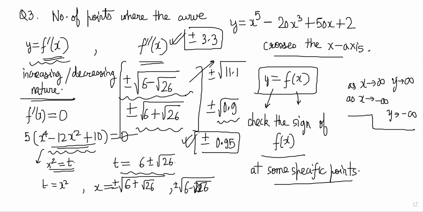Yes, sir. At those places, the graph changes from increasing to decreasing because f dash x is becoming 0 at those places. So before that, it must have been positive and negative and things like that, right? Yes, sir. So now what you have to do is think of the number line.